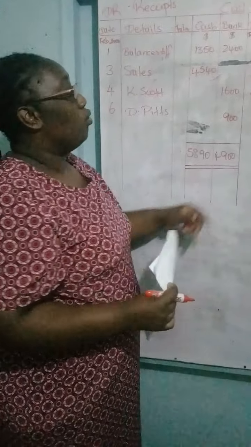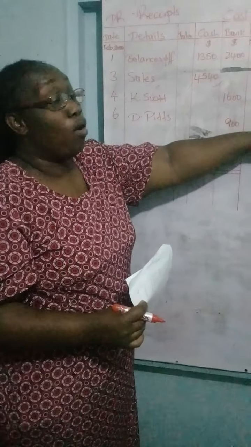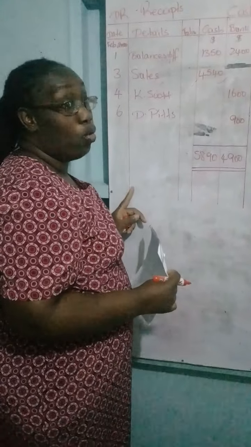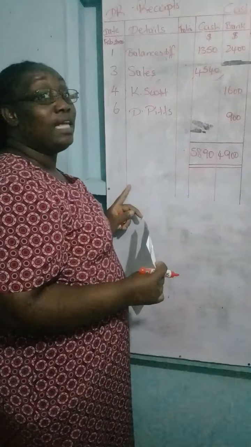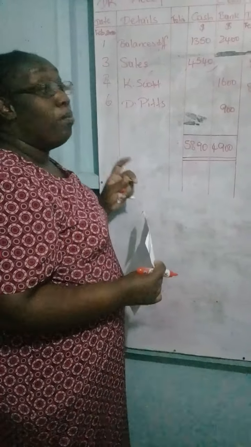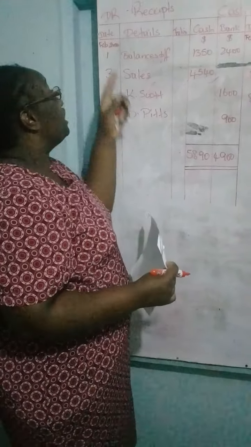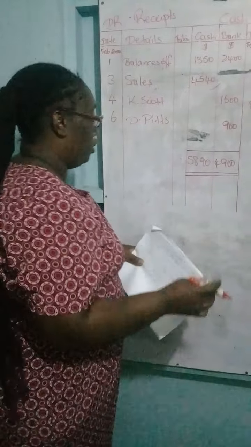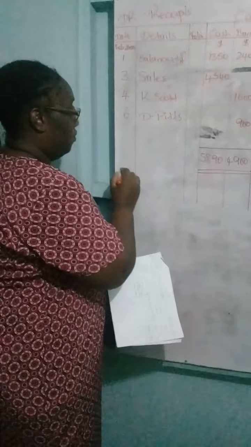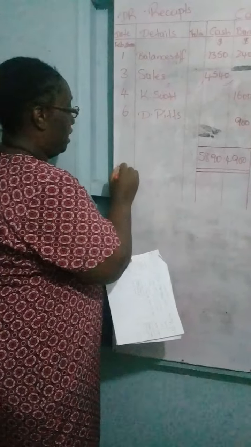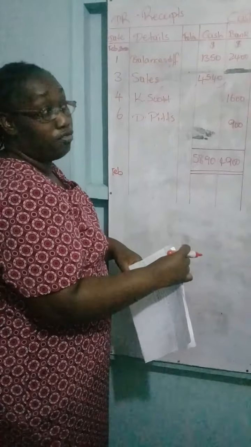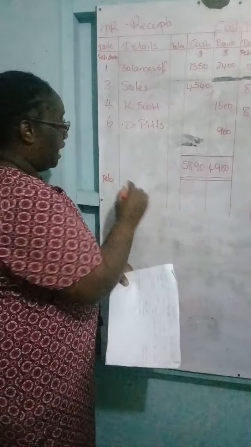$4,900. Now the balance CD will now become the balance brought down, and this amount will be taken over or be brought forward into the next month, which is the month of March. So we are going to have the balance brought forward as at February 9th.